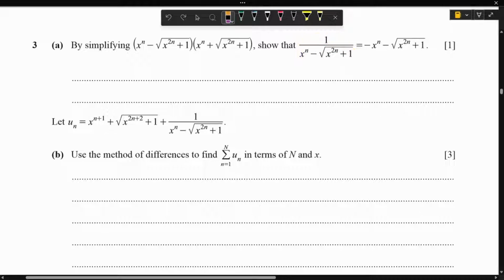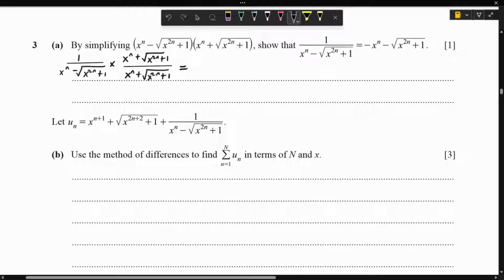So essentially, we will be having 1 over (x to the n minus the square root of x to the 2n plus 1) multiplied by (x to the n plus root of x to the 2n plus 1) over (x to the n plus root of x to the 2n plus 1).